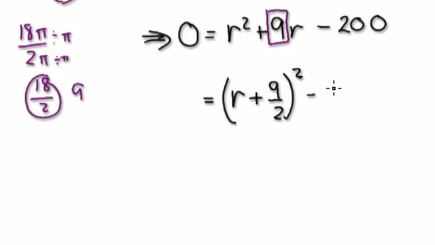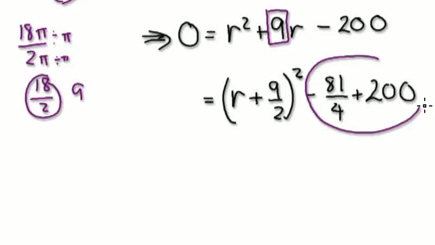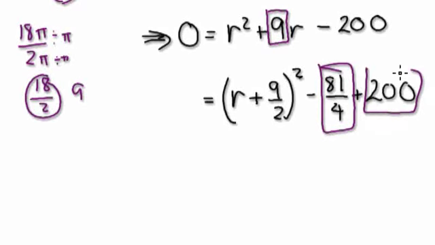The rubbish is 9 times 9, 81, over 2 times 2, 4. So we've taken the rubbish away, and then we've got to add 200. Now it's just a matter of merging these two together, because this here is a single number, and this here is a single number.